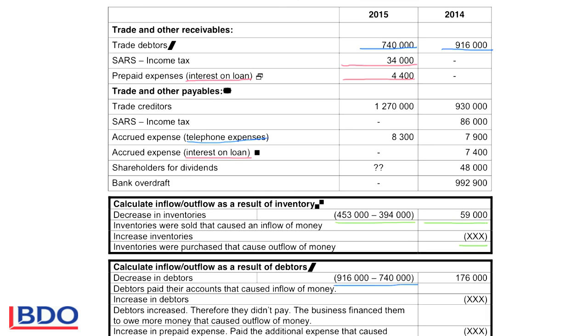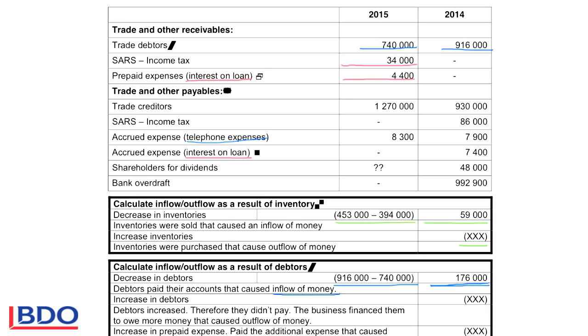So the movement between the previous year and the current year was 176,000. Now, why is the debtors less this year than the previous year? Because they paid money so that they owe less money. If they paid money, it means that there was an inflow of money because the business received the money, and that's why this 176 will be a positive figure.